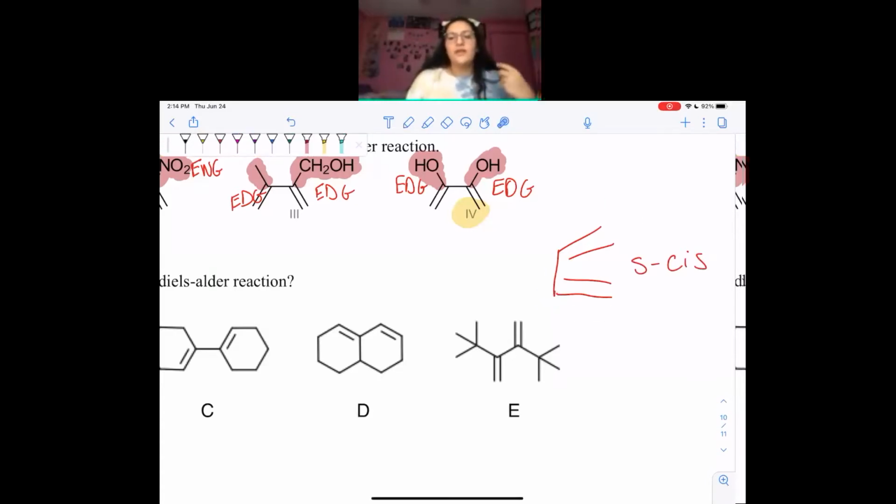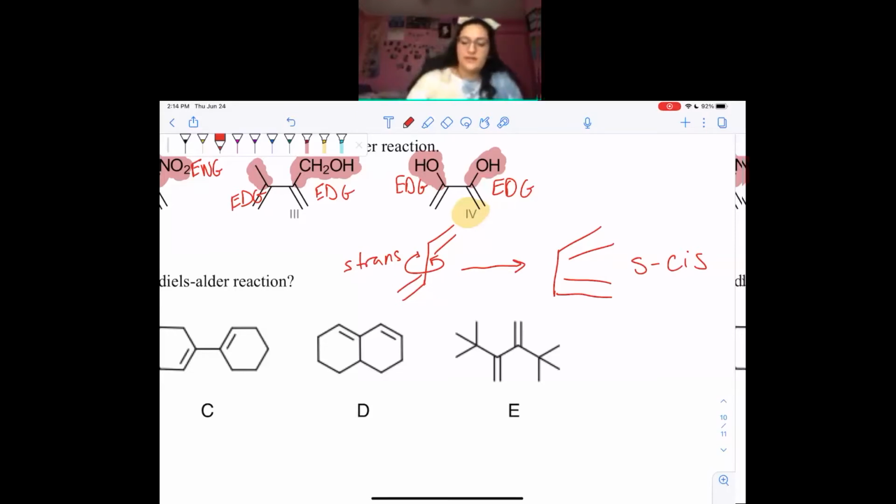So one thing that's really cool about dienes is it has the single bond in the middle. So if we have a trans diene, we can rotate it and make it cis most of the time. The only time we can't do that is if we have a super big bulky group or if we're locked in a ring.